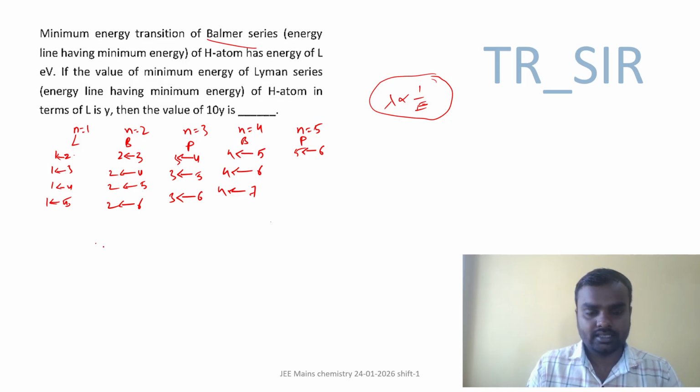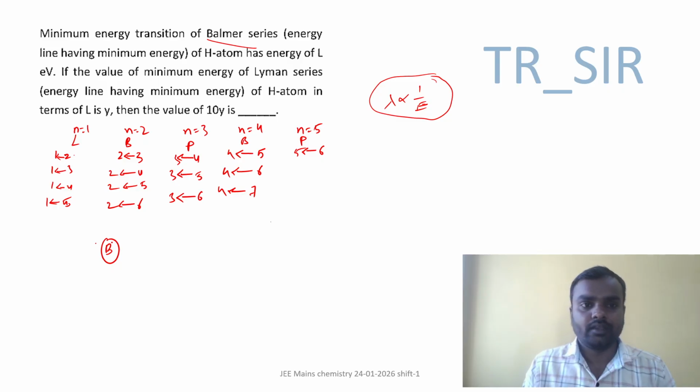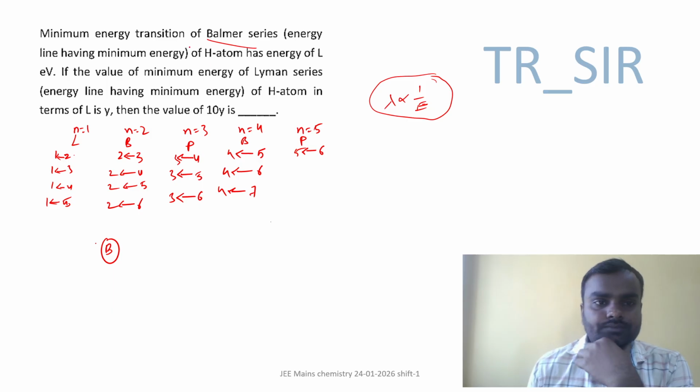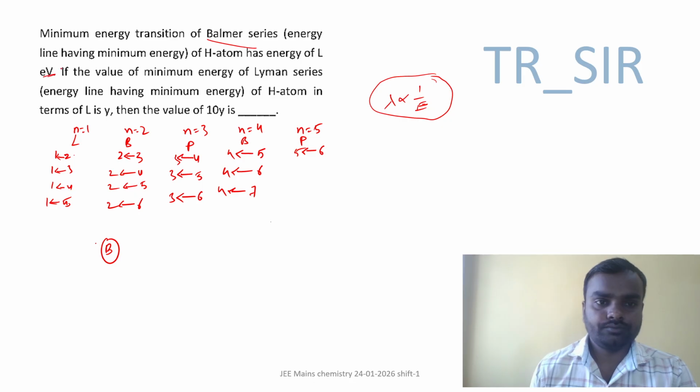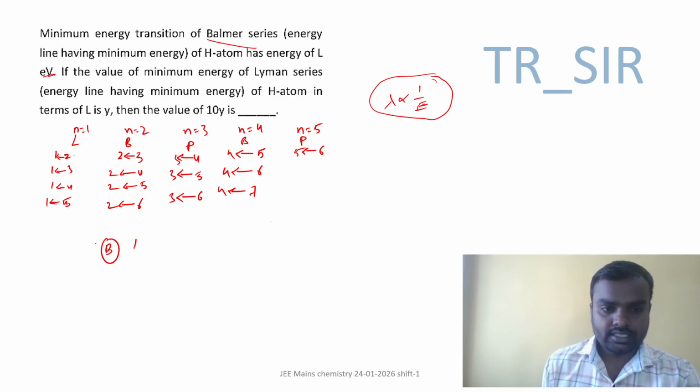Lyman series, Balmer series. Let us take the case of the first Balmer series line. Read the question: the minimum energy of transition of Balmer series of the hydrogen atom has energy L electron volt. So in this case they gave the energy as L electron volt.